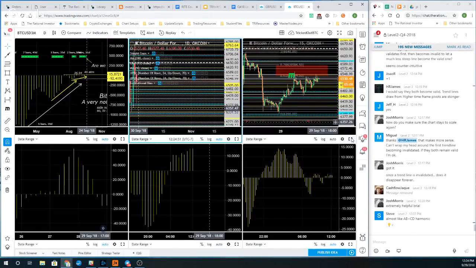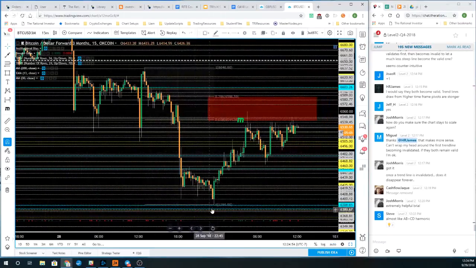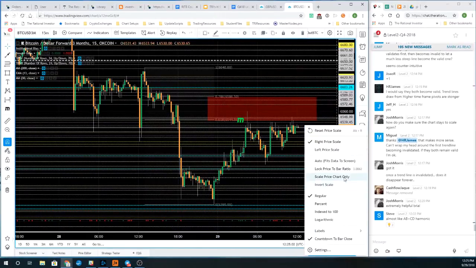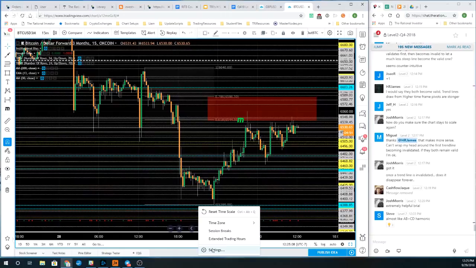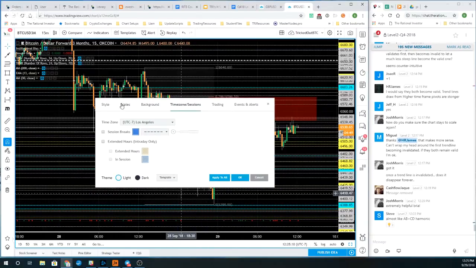Here's a really good example just off the 15-minute chart. Brian, there's got to be some sort of trend line here. Where is it? Especially when we're sort of climbing up here. And so the question is, how on earth do you figure that out? I like to set these scales at a nice round number.